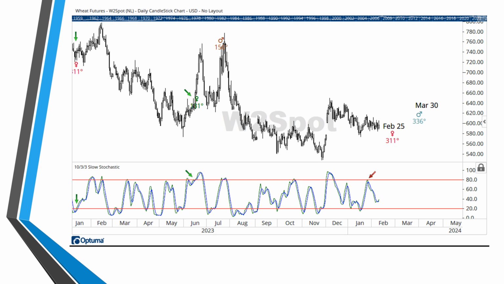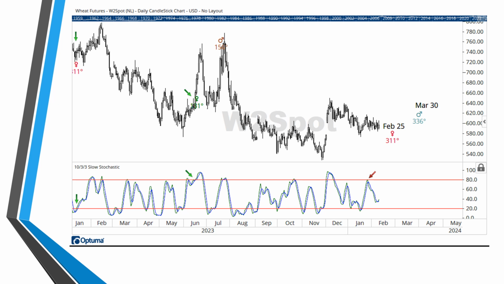Now, Mars, 336 degrees, that is going to occur right around the 30th of March. What did I tell you on the last slide? I said typically we get this decline in wheat prices going into late March, early April, and then we start to get a rally. Here it is, March 30th.